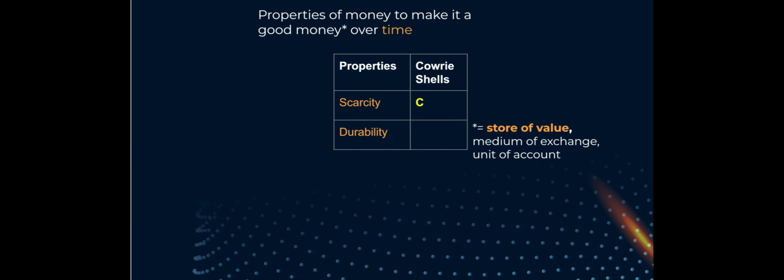This fragility could limit their long-term portability and effectiveness as a store of value. For this reason, we'll give it a grade of D. Though these grades are arbitrary, it's reasonable to say that most people would give grades that similarly reflect this money's ability to be a good money over time.